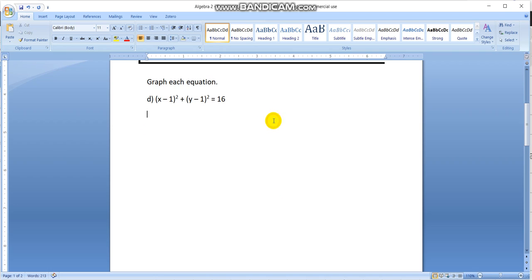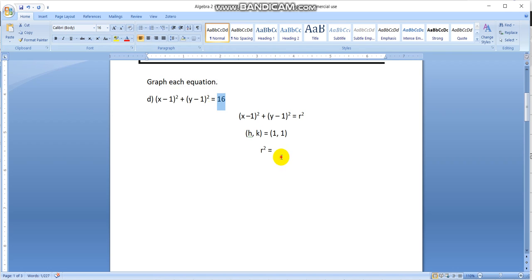Same idea. What we need to do is fill in the gaps. H is 1. K is 1. So h comma k is going to be 1 comma 1, and our radius is defined by this value here.